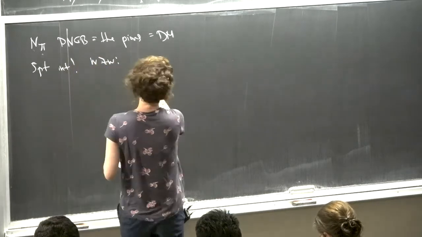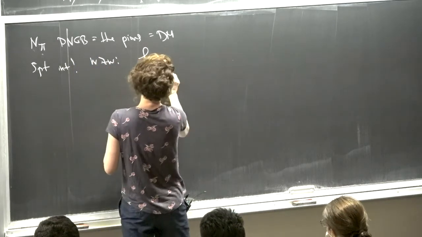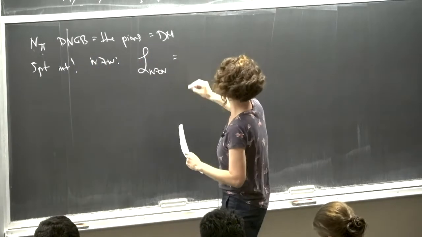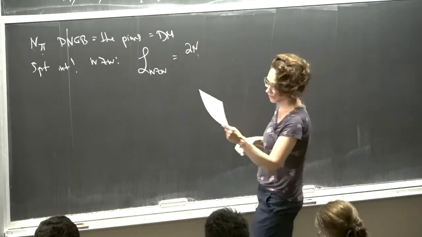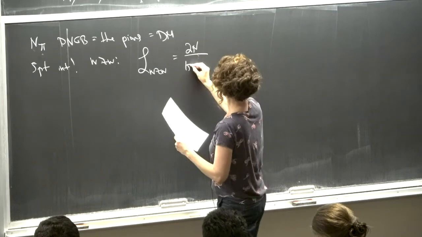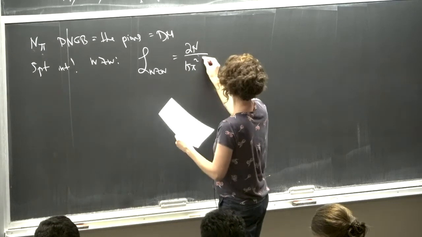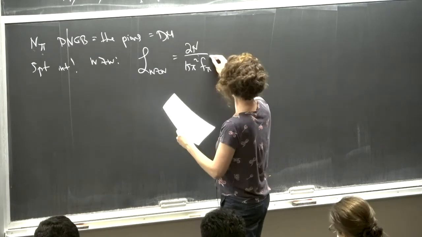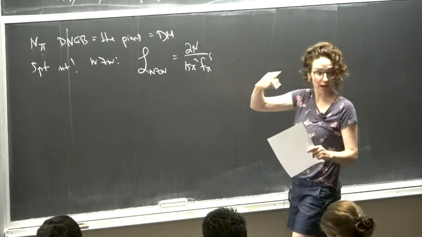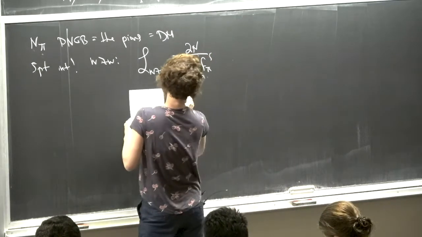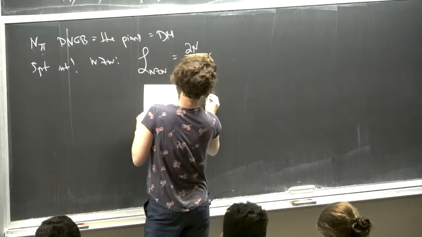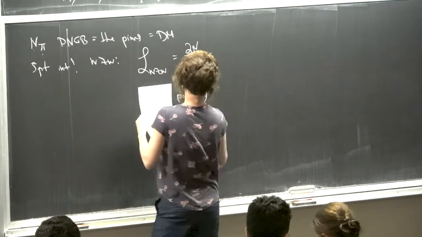And here's what that Lagrangian looks like. The Lagrangian for this Wess-Zumino-Witten term has a very particular form: 2 times N_c, the number of colors, divided by 15 pi squared, times 1 over f_pi to the 5th. This f_pi is the pion decay constant.